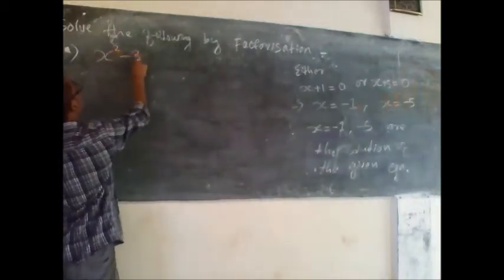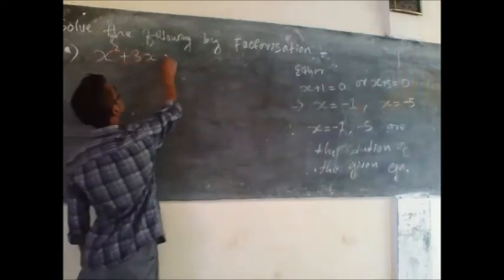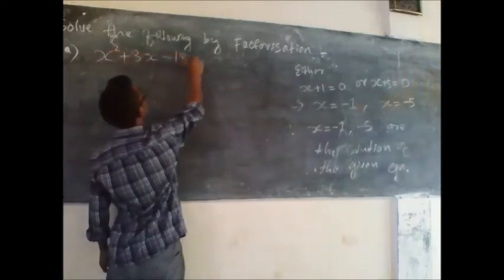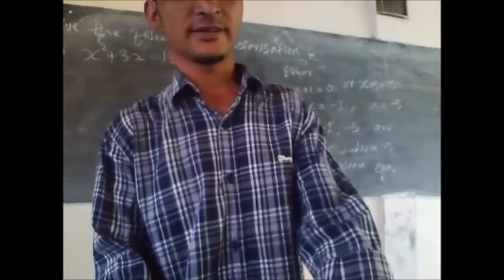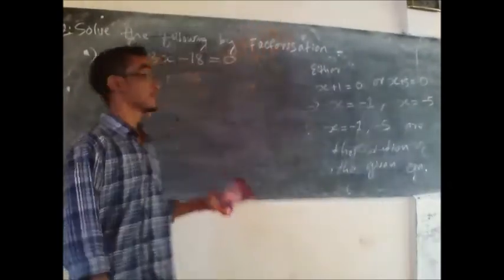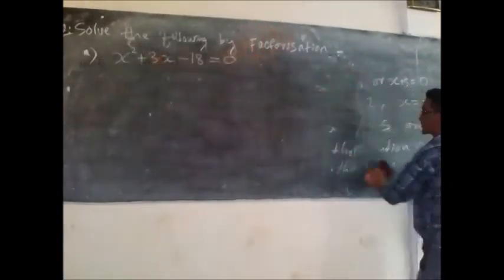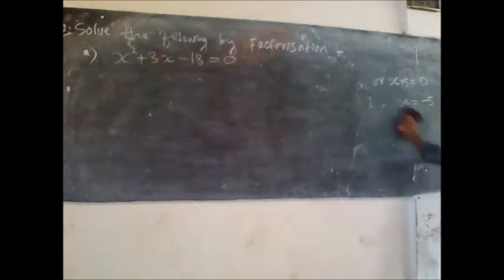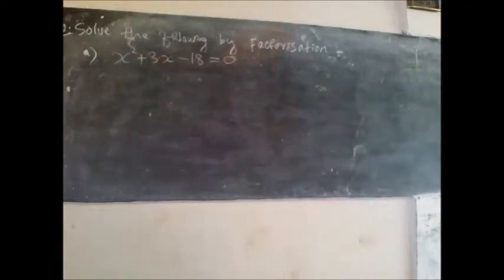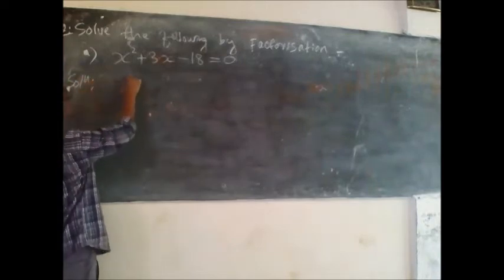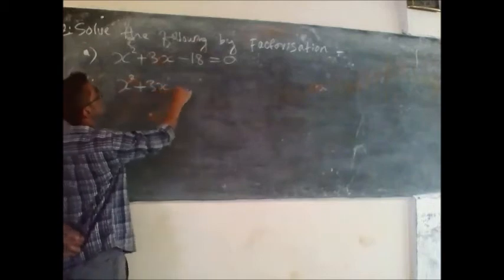We want to find the solution of x square plus 3x minus 18 equal to 0.